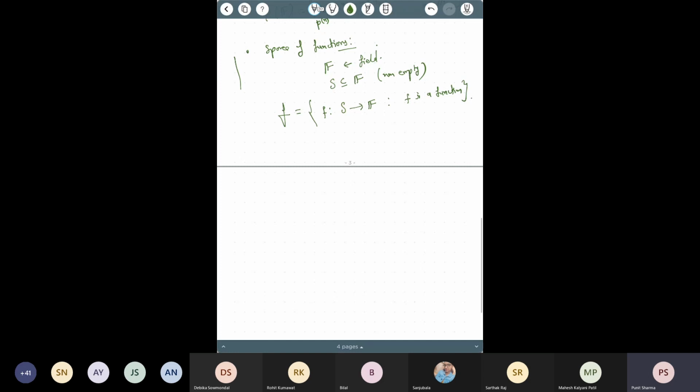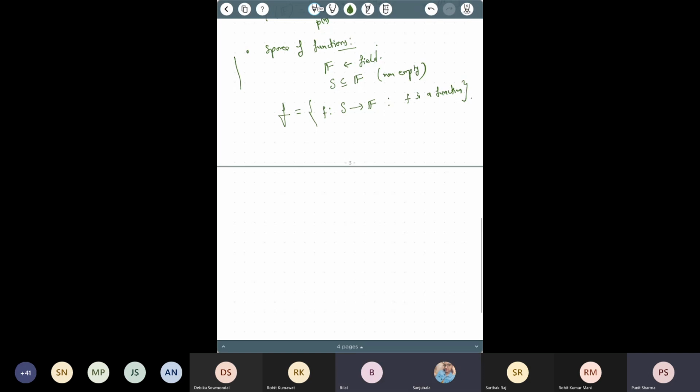Do you guys agree whether this would be a vector space over these two operations? Sir, a scalar multiplication might not be. No, so he is saying two operations: one is the composition, and the other one is scalar multiplication.